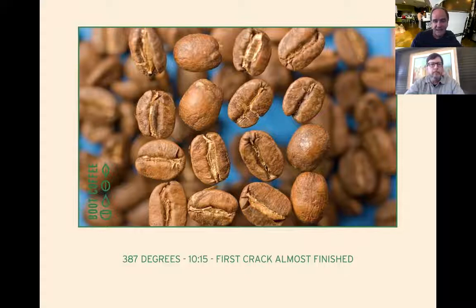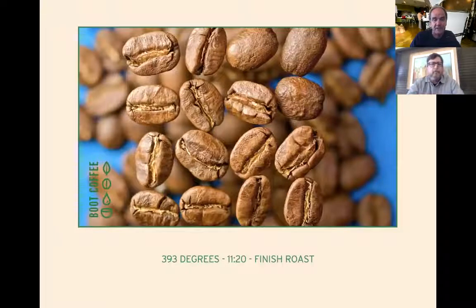We are smelling now at this stage distinct coffee aroma. And then this specific roast was finished at 393 degrees Fahrenheit at 11 minutes, 20 seconds. So that sets the stage for our discussion.